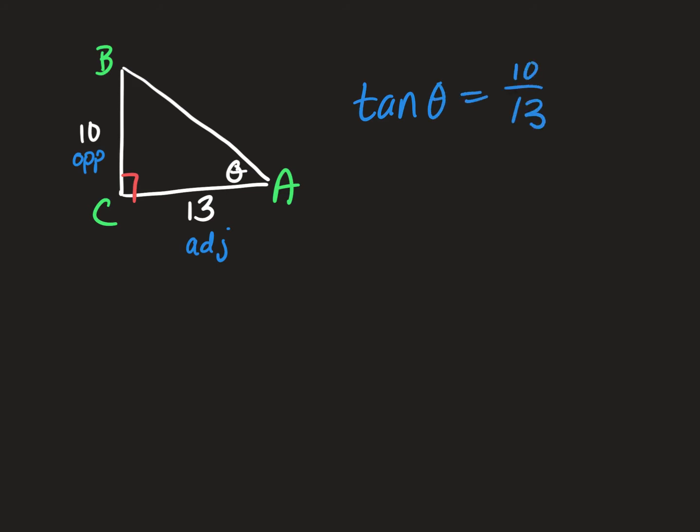So this is where you use that -1 when you're trying to find an angle measure. So in your calculator, you're going to plug in tan -1 of 10 over 13. So you should get 37.57, right?